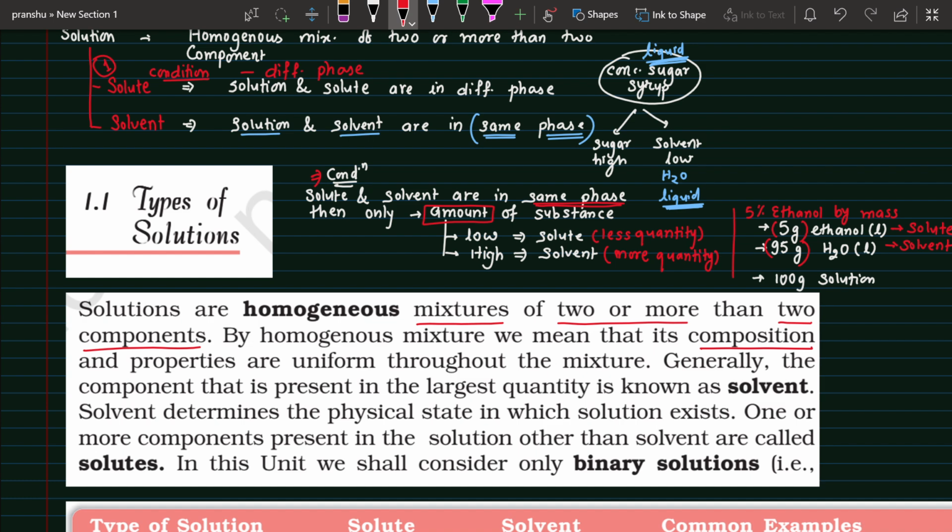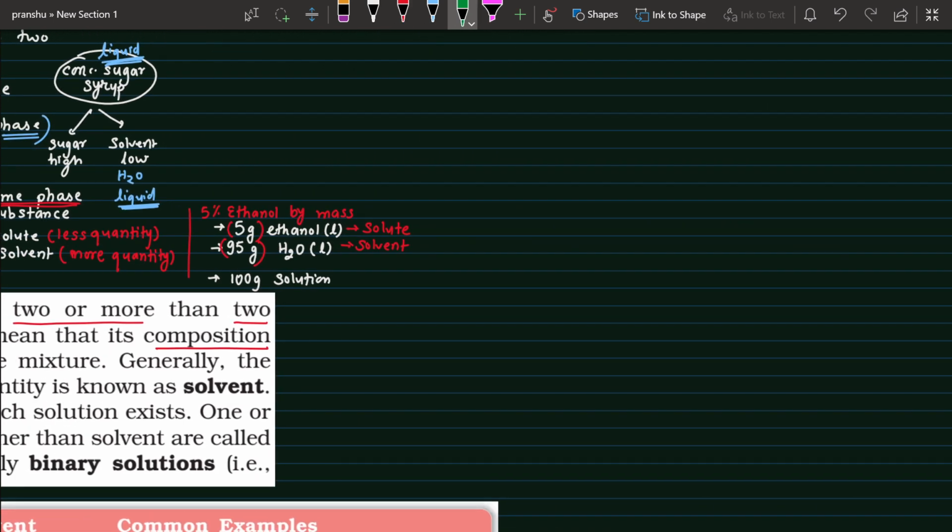Suppose I am explaining here: this is a glass and it has two straws. One person is drinking from here, and a second person is drinking from this level, and this is a uniform composition.